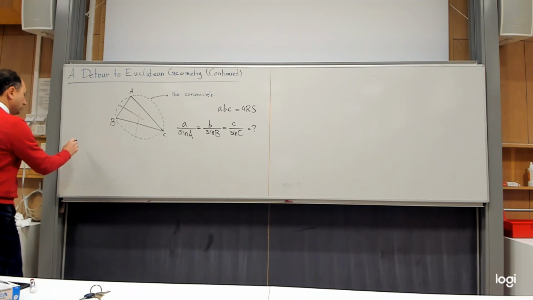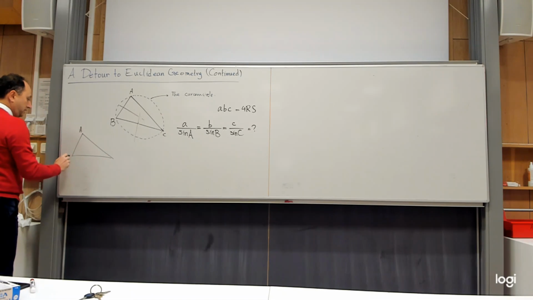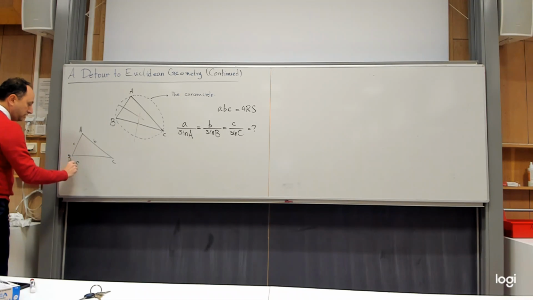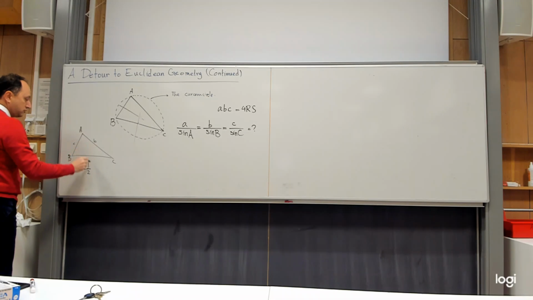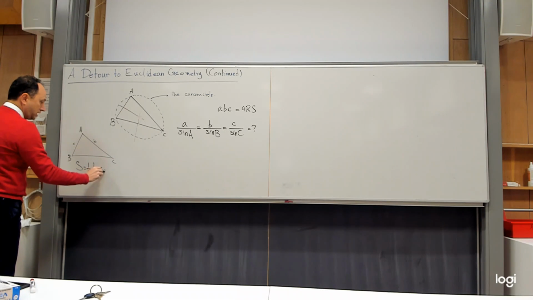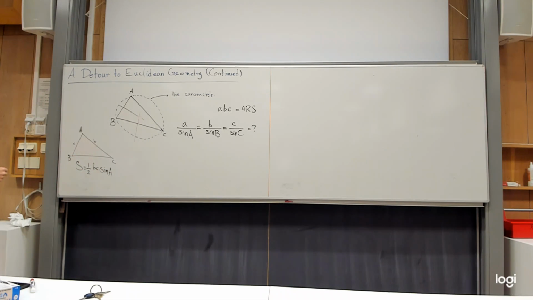That's also good to know. If I have any triangle ABC, with sides b and c, the area of the triangle can be written as one half multiplying these two by the sine of the angle between them. That was the area rule, which is a very important rule in geometry and trigonometry.